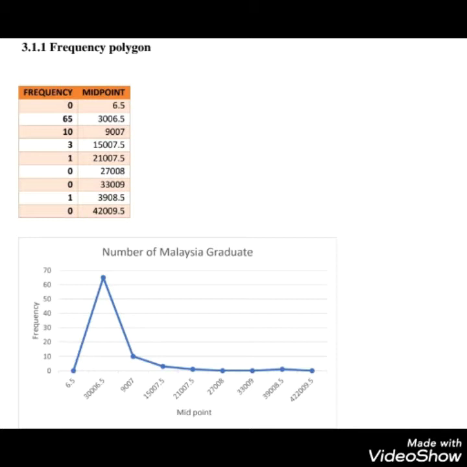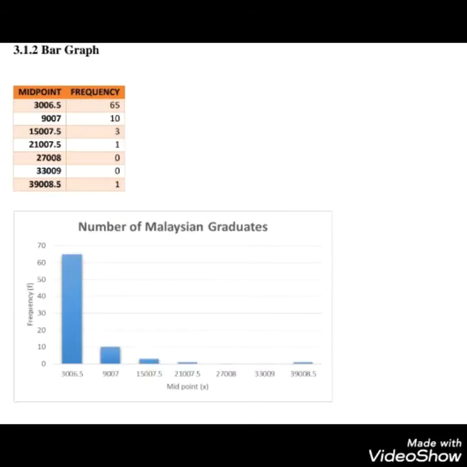So we will get the midpoint. From the y-axis, we know that there will be a frequency, and from the x-axis, there will be a midpoint.